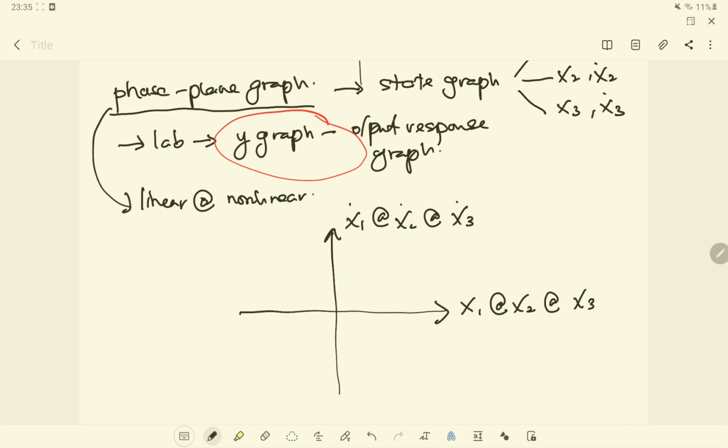So that is the phase plane graph. You have to know first what the phase plane graph is.